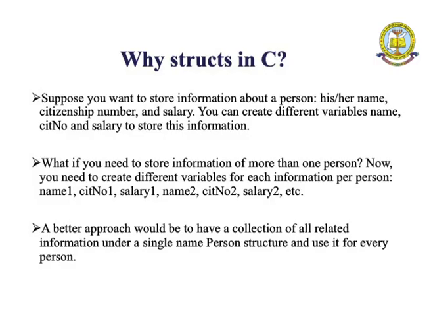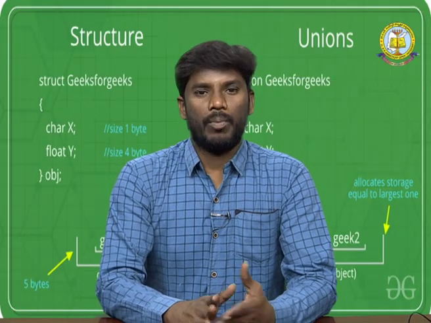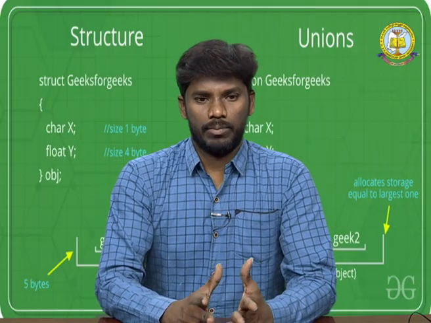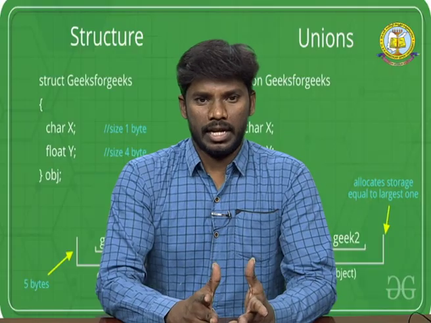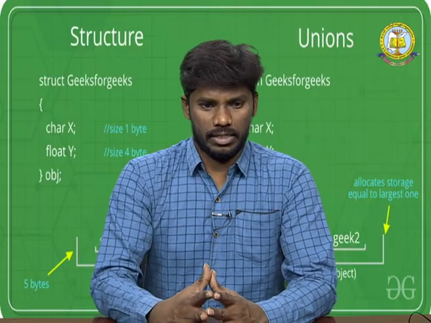And what if you need to store information of more than one person? Now you need to create different variables for each piece of information per person: name1, citizen number1 or Aadhaar number1, mobile number1, address1, salary1, like name2, Aadhaar number2, salary2, like that. If you want to create more persons, you can create like this.